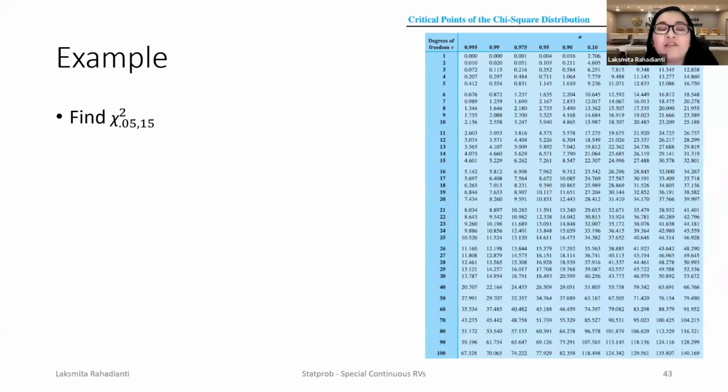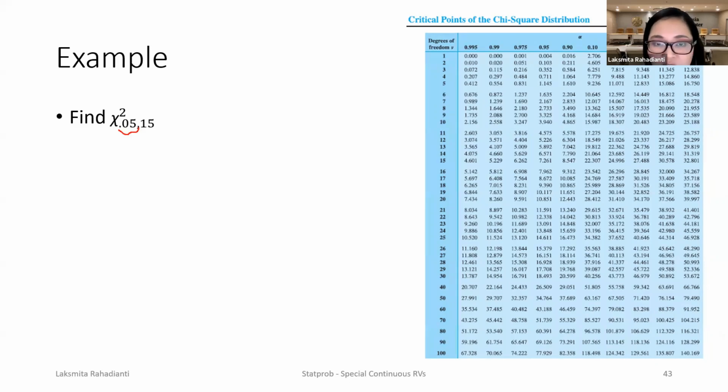We also have the same concept using the same type of table. And if I were to ask you, find the chi-square critical value. So here I'm asking you to find the critical value of a chi-square distribution with an alpha of 0.05 and degrees of freedom of 15. So you need to look it up.